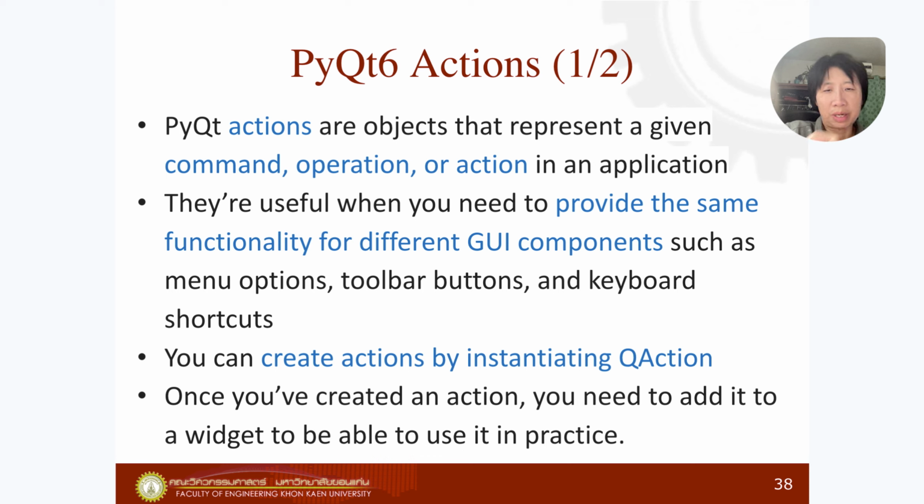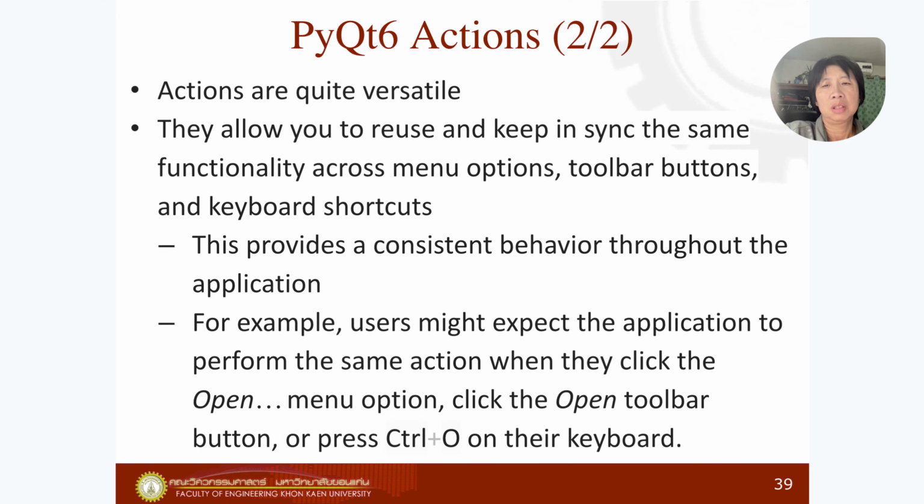Once you have created an action, you need to add it to a widget to be able to use it in practice. So actions are quite versatile. They allow you to reuse and keep in sync the same functionality across menu options. Like the same QAction, it will behave the same way whether it is a menu option, toolbar button, or keyboard shortcut. And this provides a consistent behavior throughout the application.